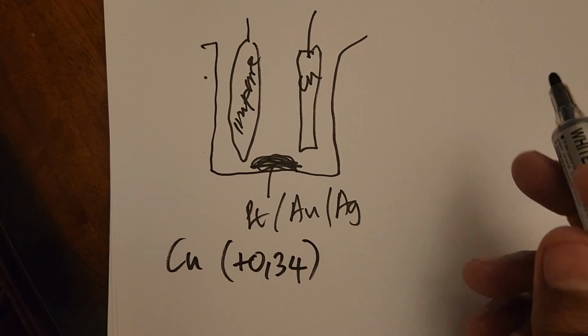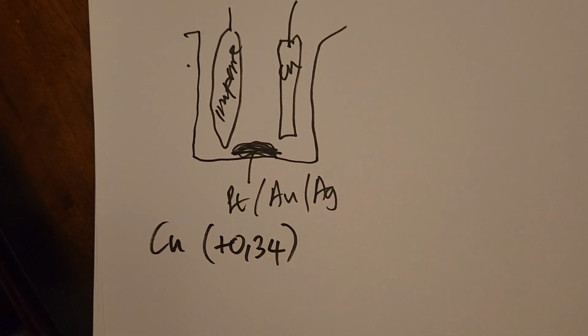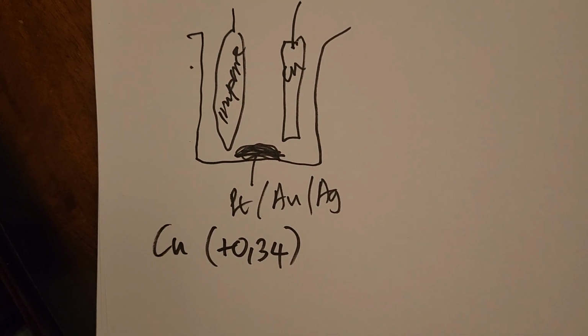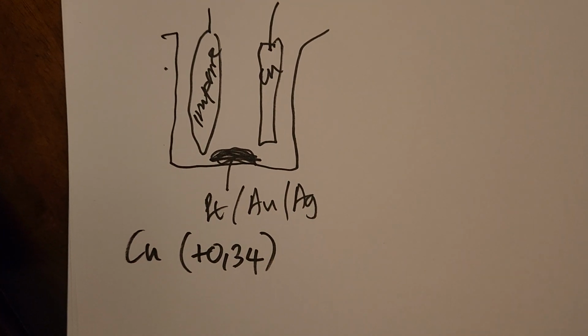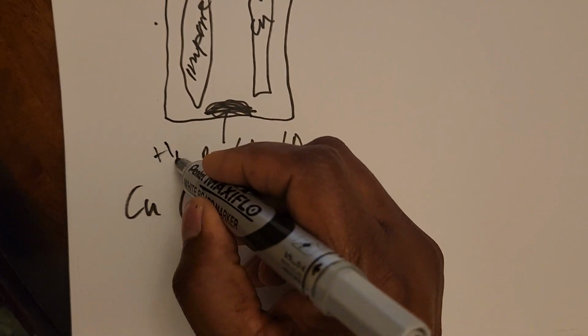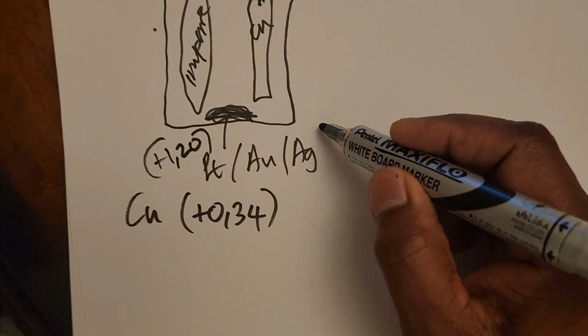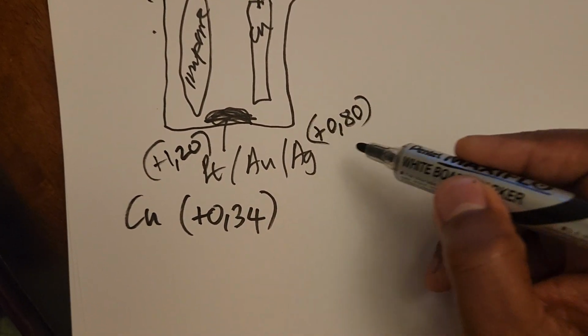If you go to the table, you will find that metals such as platinum have positive 1.20. Silver, we know, has positive 0.80.